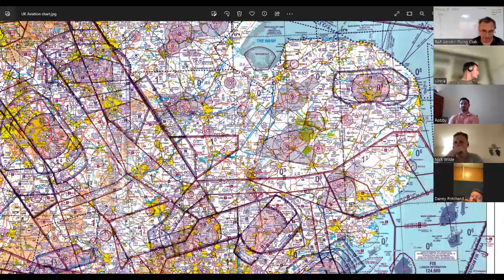Now, when we're specifying latitude and longitude, we always start with the latitude. So we're always going to look at how far up or down we are on the chart.